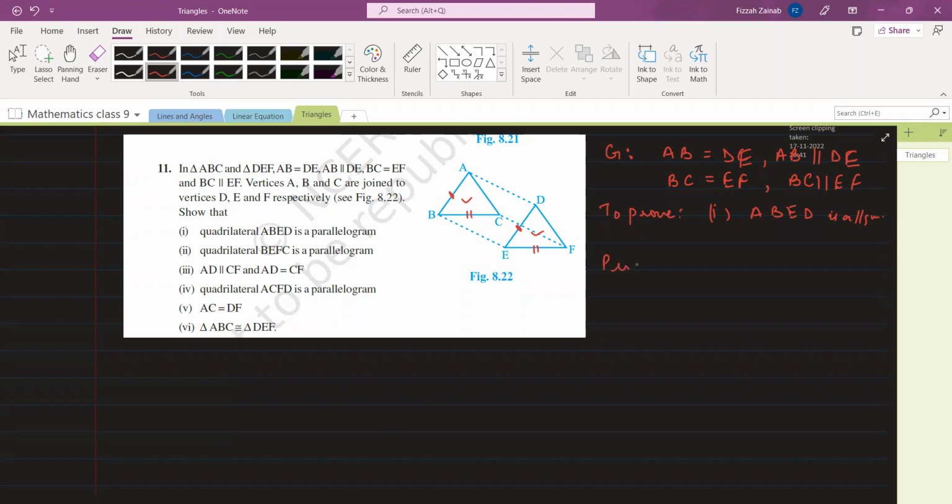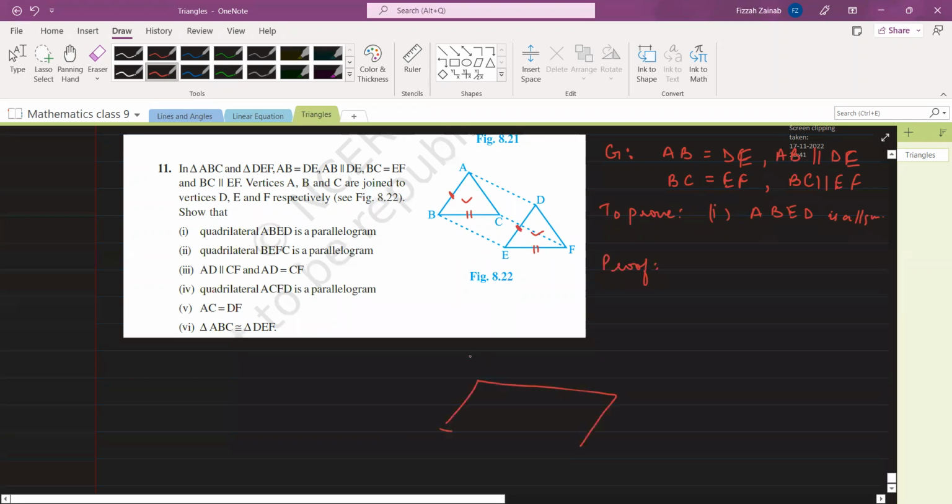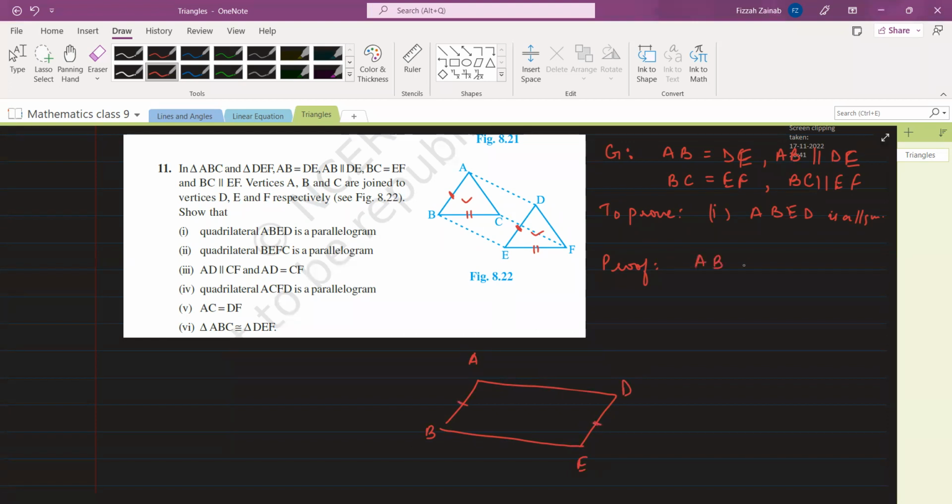Yes, ma'am. Now see, look at this parallelogram. Let's say this is your parallelogram, A, B, E, D, right? Now it is already given that one of the sides, that means AB, is equal to DE, right? And it is also given that this side AB is parallel to DE. Both the things are given.